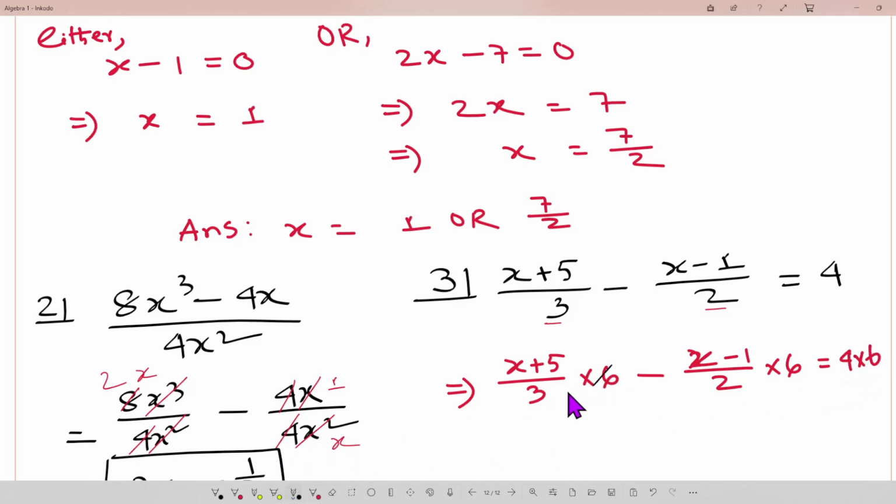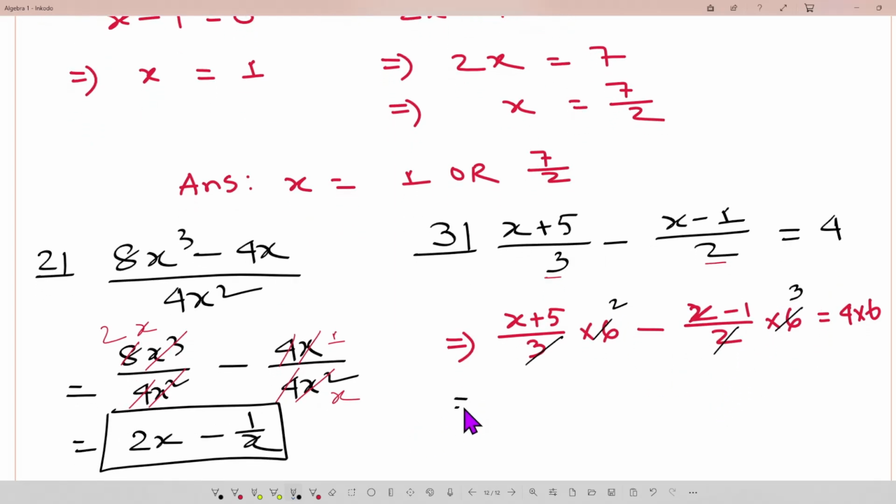Now 6 divided by 3 is 2, and 6 divided by 2 is 3. So it becomes 2(x + 5) − 3(x − 1) = 24.